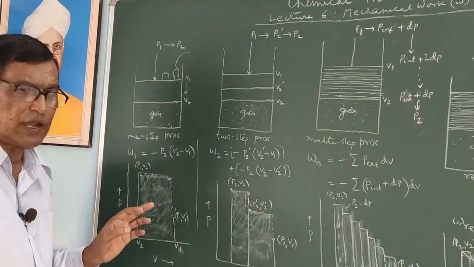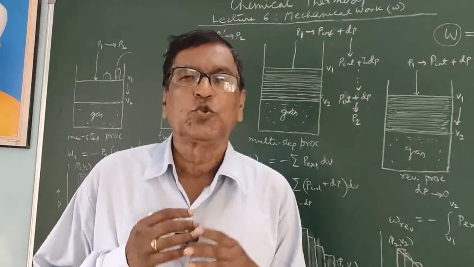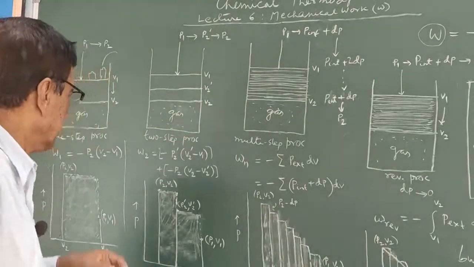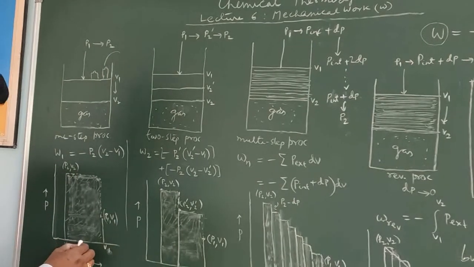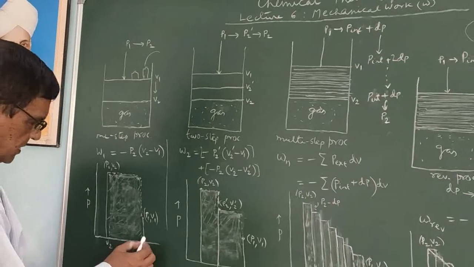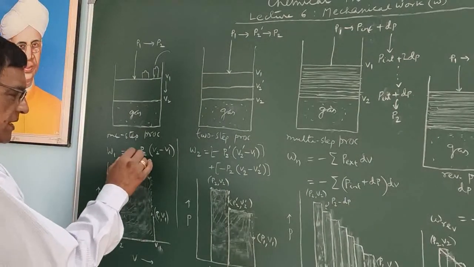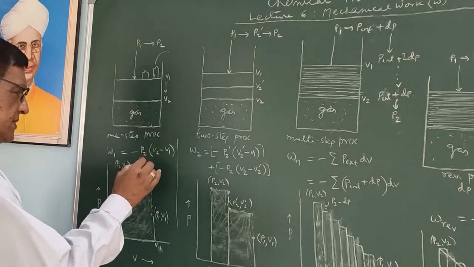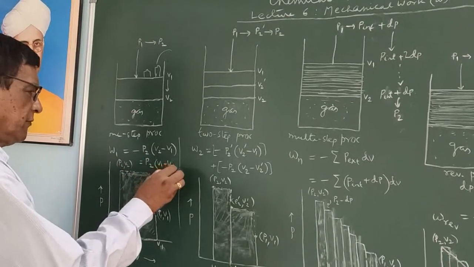Graphically, by means of an indicator diagram, I can show the amount of this work. It is minus P2 into V2 minus V1, or, removing the minus, P2 into V1 minus V2.